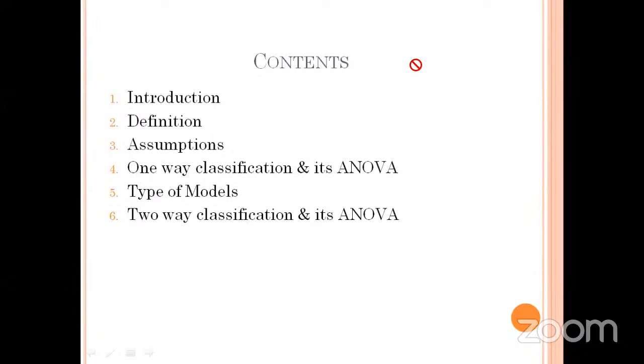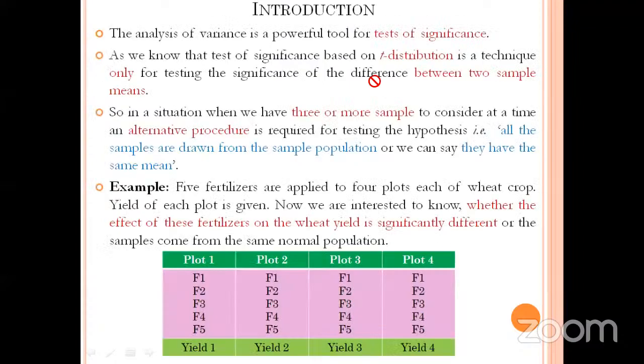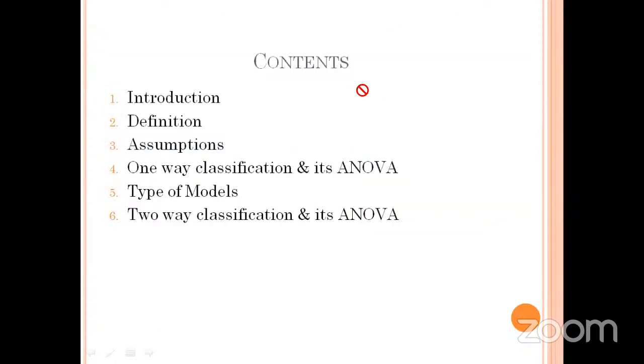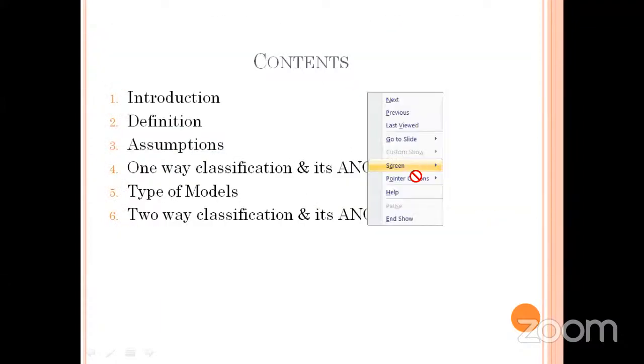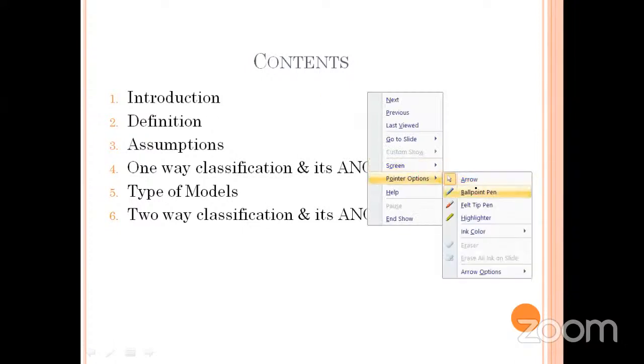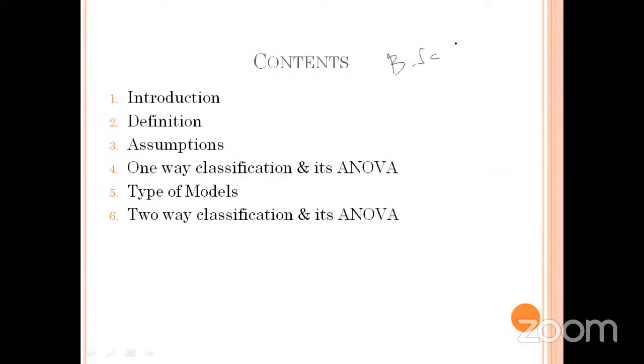So in Anova, what you should remember, I'm telling from the exam point of view. Why am I telling from the exam point of view? Statistics is a very big subject. There is something called BSc in statistics, then these people will do MSc in statistics, and PhD in statistics.